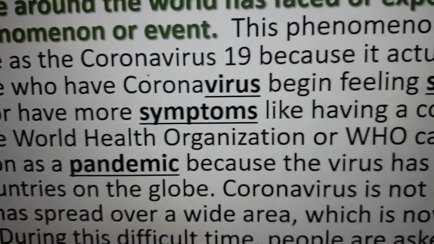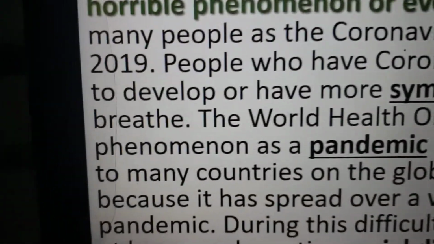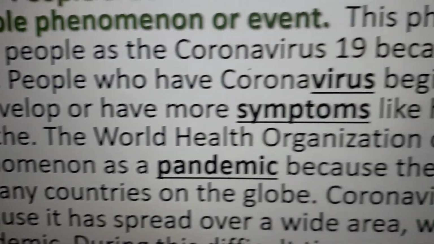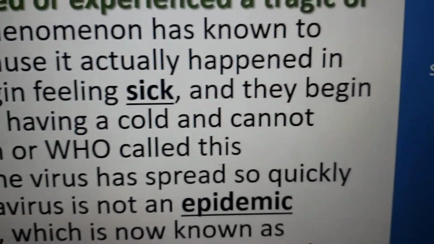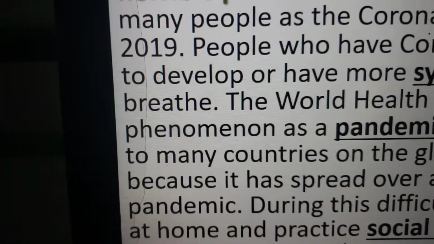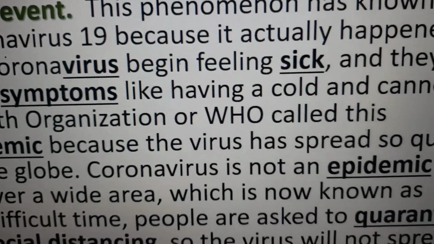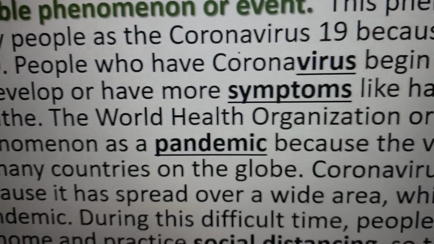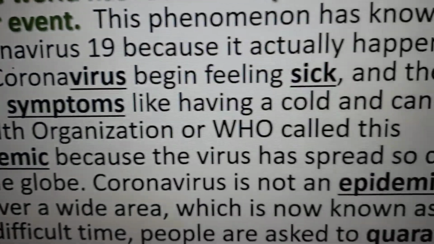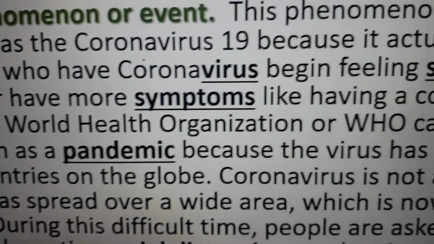People who have coronavirus begin feeling sick and they begin to develop more symptoms like having a cold or cannot breathe. The World Health Organization, or WHO, called this phenomenon a pandemic because the virus has spread so quickly to many countries on the globe.